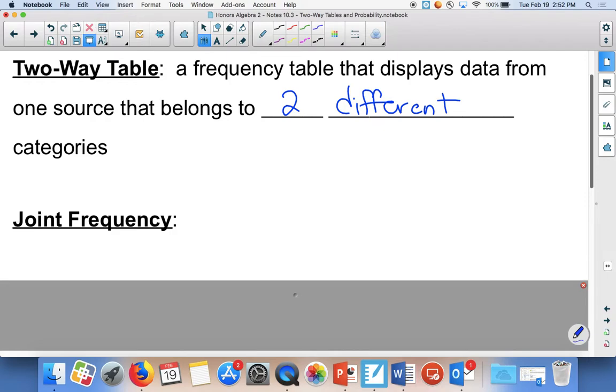So the joint frequency is each entry in your table. All of those numbers previously, the 41, 46, 16, 9, and 25, those are your joint frequencies. Joint frequencies, those are your individual numbers.